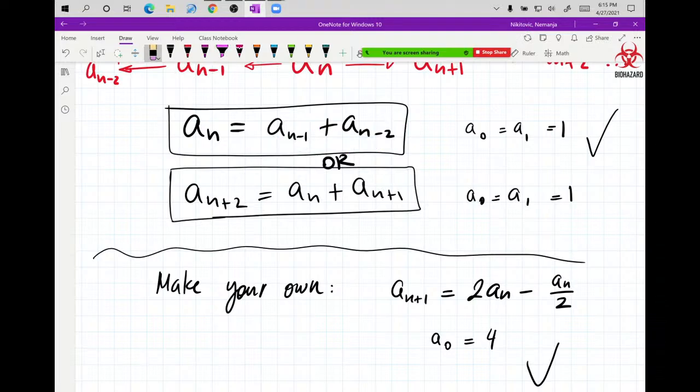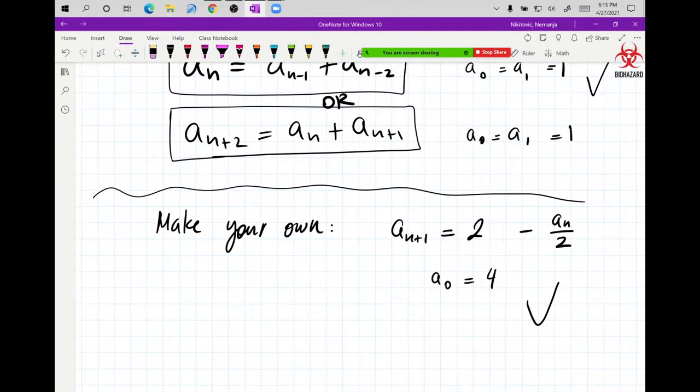So we have two different values that are running the show. But in my case over here, I have a_n and another a_n. That's the same number. So it's enough for me to just have 1 to start off the sequence.